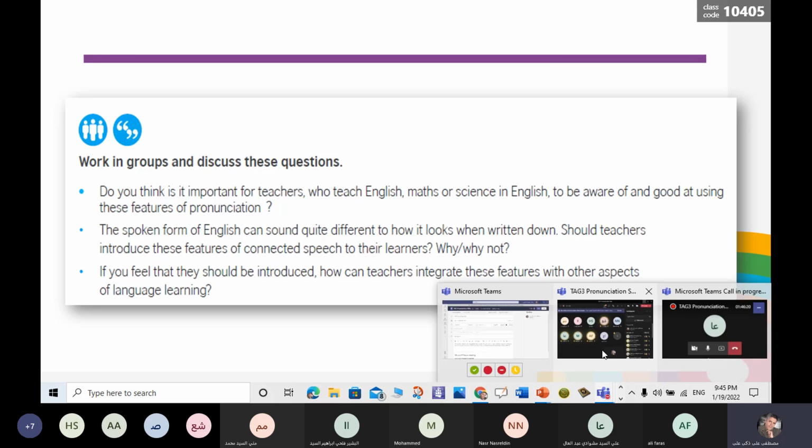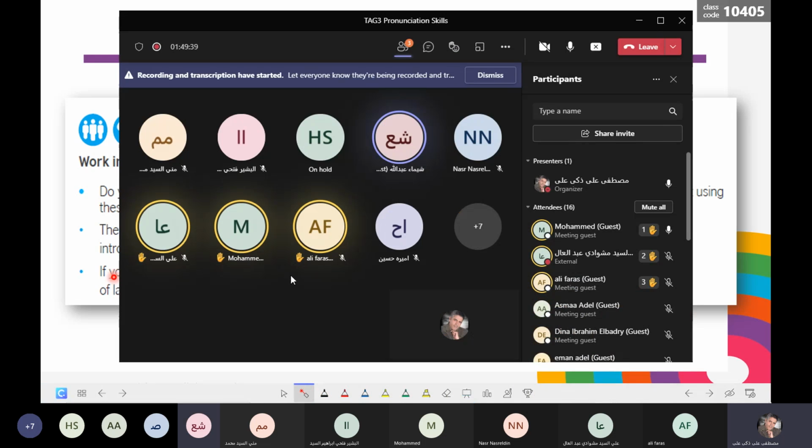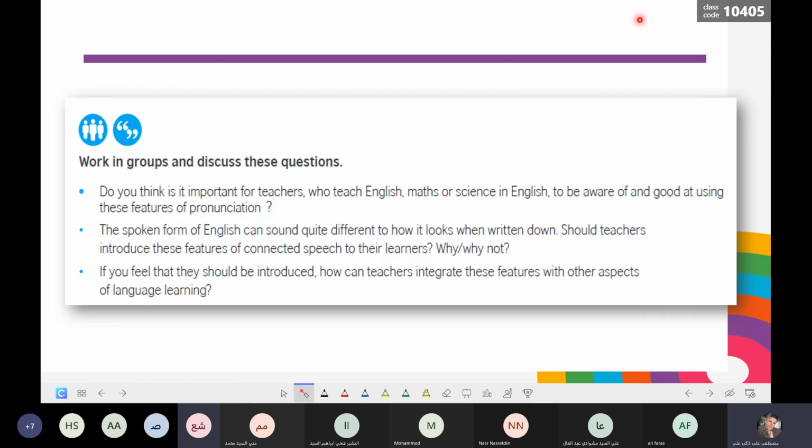Let's see who's raising their hands. Shayma, what would you like to say? I think it's important, but not as much as for English teachers.